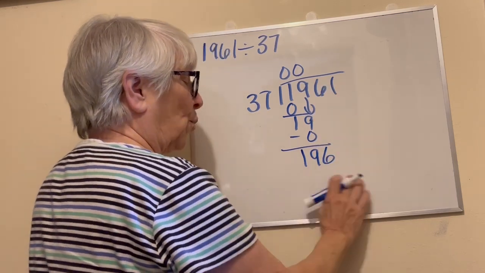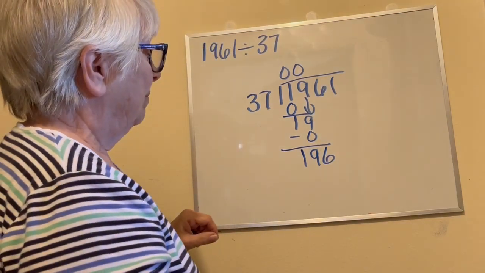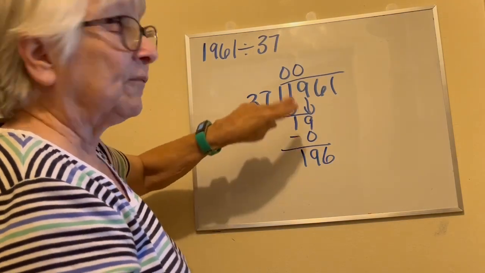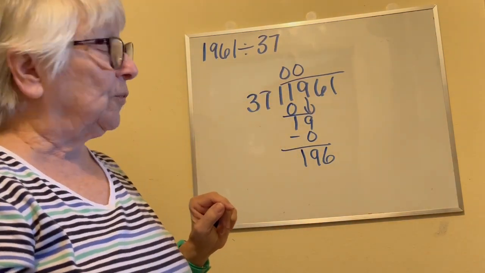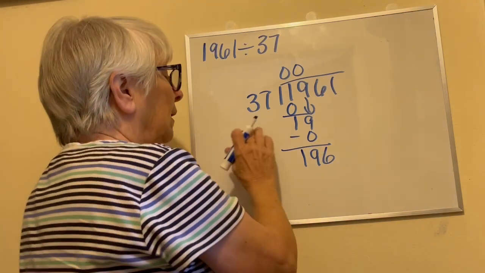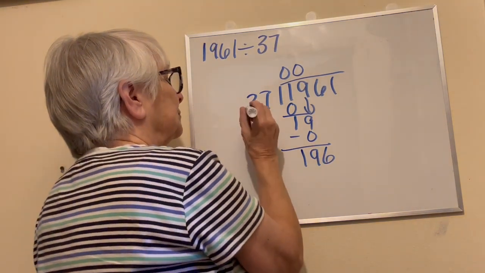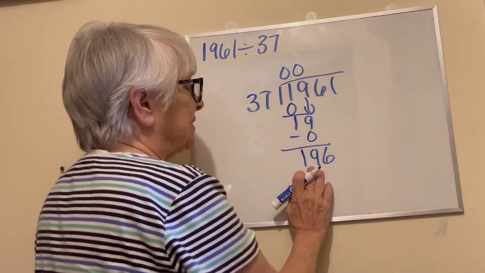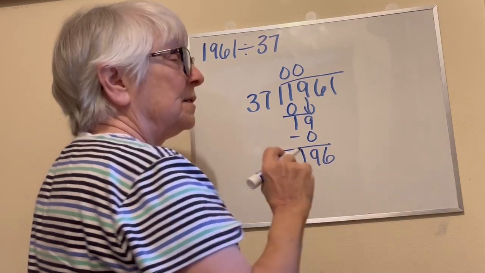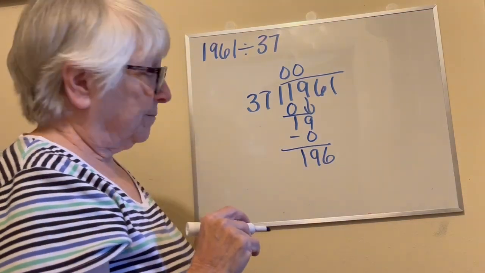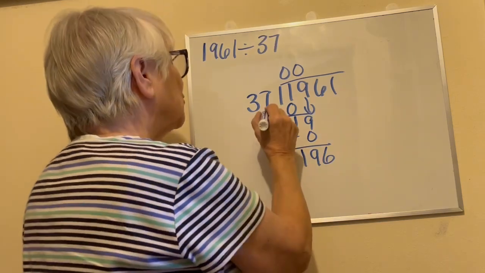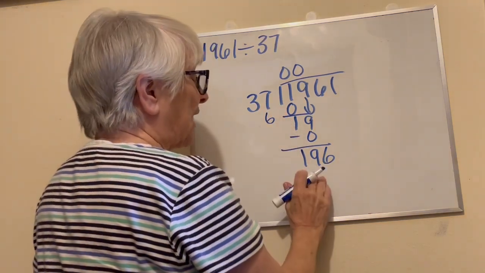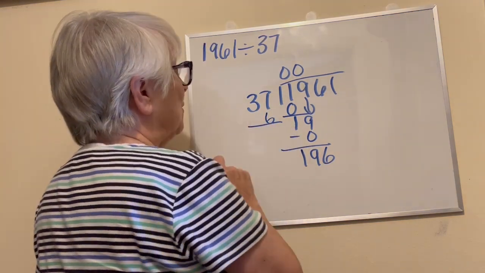So I'm now dealing with 196. You can write this out if that helps you do the problem correctly. Now, 3 goes into 19 6 times. So I'm going to try 6, because 3 times 6 is 18. And let's see what happens.